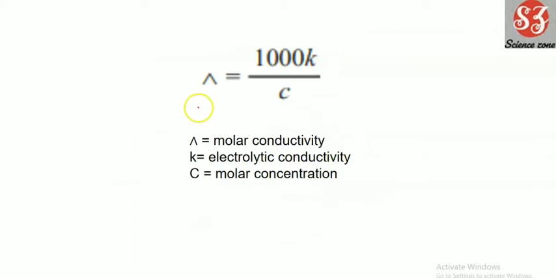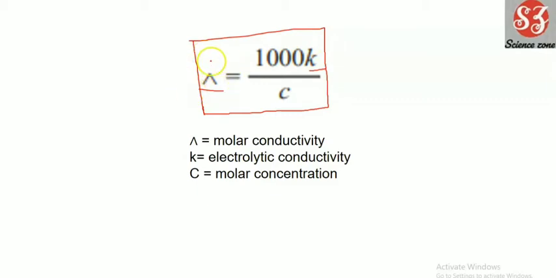Next, the relationship between the molar conductivity and the electrolytic conductivity. Many a times you are given the molar conductivity and you are asked to determine the electrolytic conductivity, or sometimes they give you electrolytic conductivity and they ask you to determine molar conductivity.